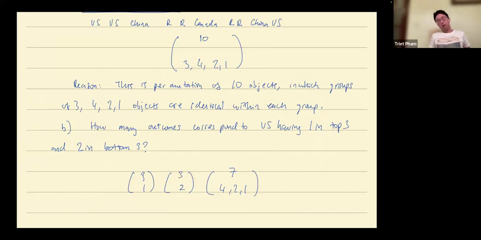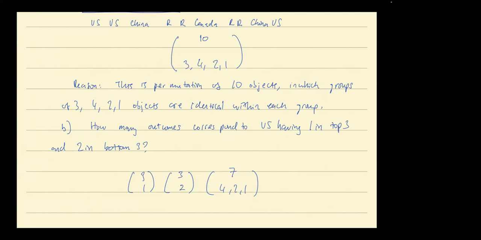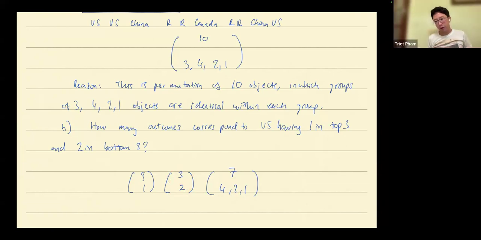What's the reason for this expression? I thought of it as in the top 3, you have to choose one US athlete, and then in the bottom 3, you're choosing 2, and then you have 7 left over, but 4 are the same, 2 are the same, and 1 is the same. Excellent. That's exactly the reason. And if you write that down, then that's completely perfect for that answer.